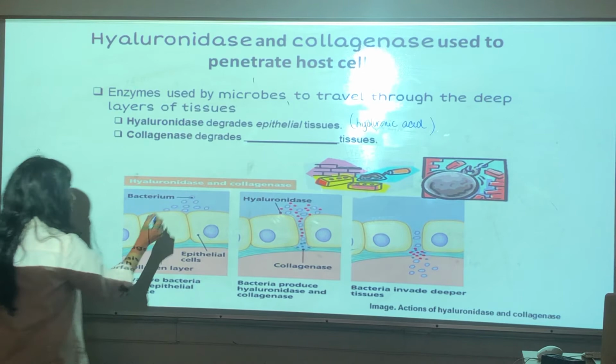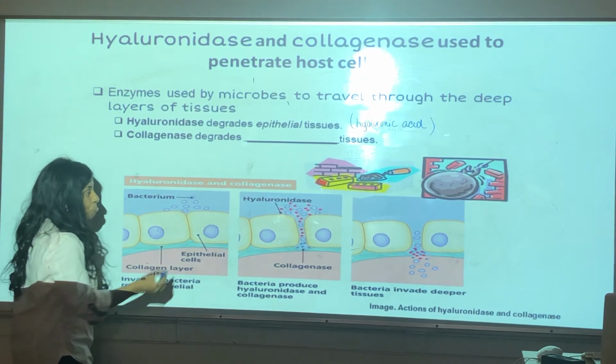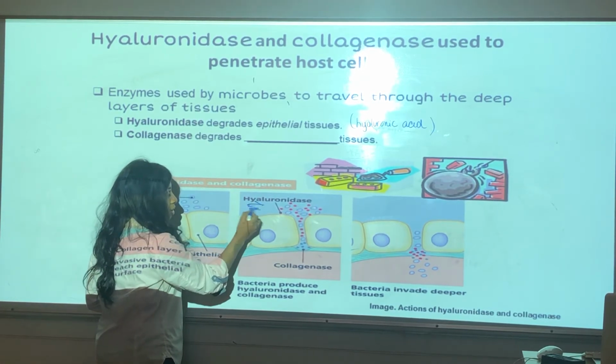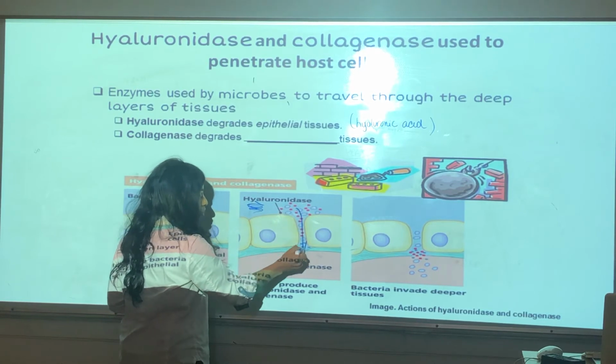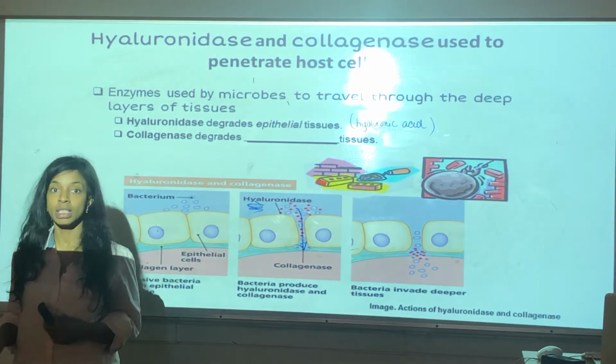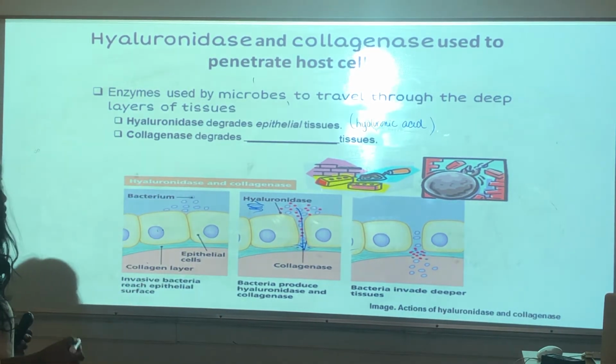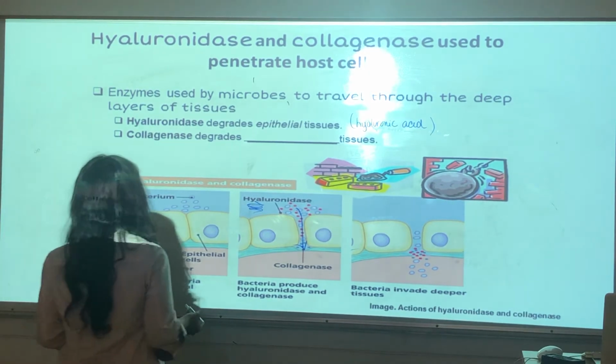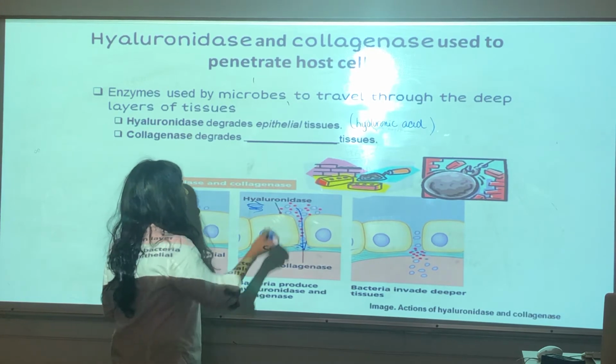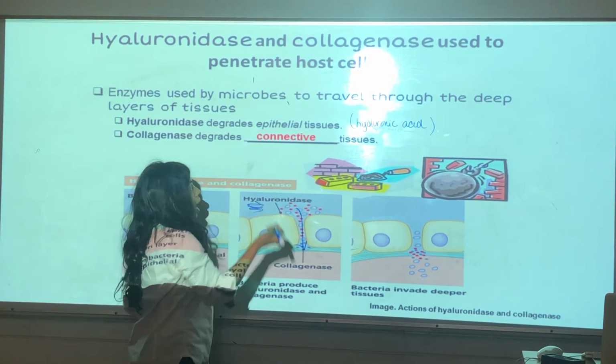All right, so here goes the bacterium that's outside the epithelial cell. They'll make the hyaluronidase, and when they make the hyaluronidase, they're able to get in a little bit deeper into the tissues. And then some microorganisms are able to make collagenase, and collagenase will destroy collagen, right?